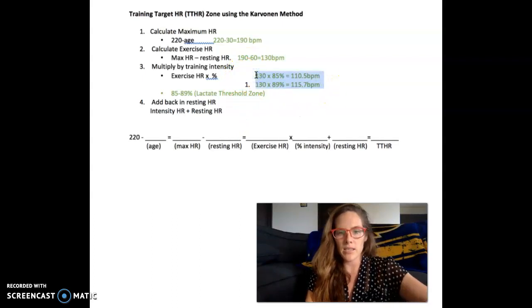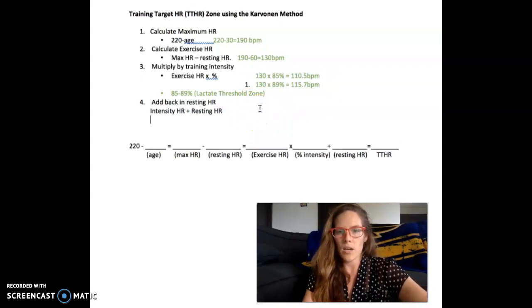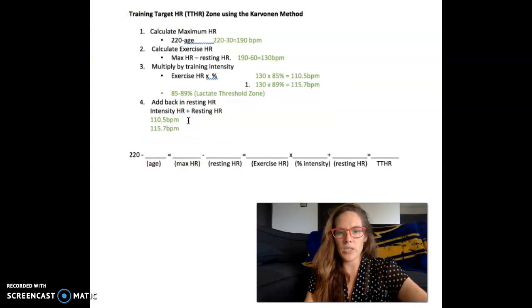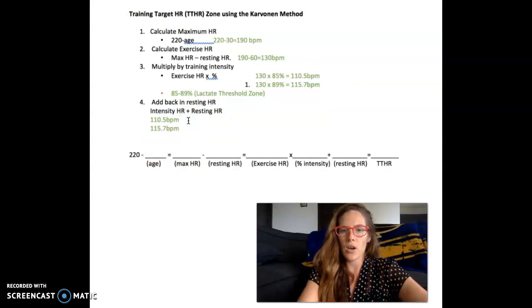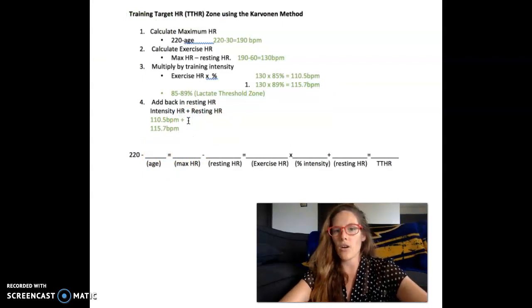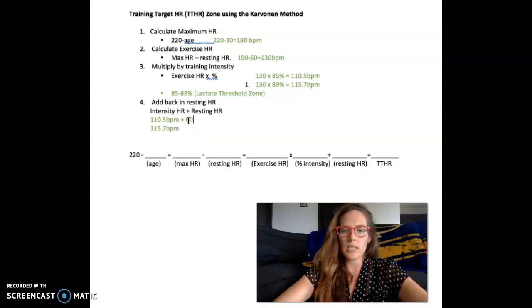So we just need the 110, which is the 85%, and the 115, which is the 89%, and to both of these we are going to add back in our resting heart rate, which is 60 beats per minute.